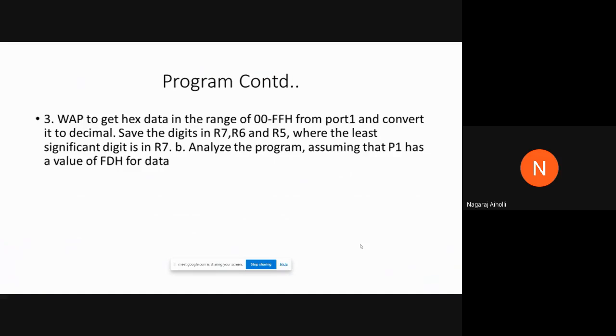Analyze the program assuming that P1 has a value of FDH for data. Second part of the program. What is the decimal value you are getting for FD?